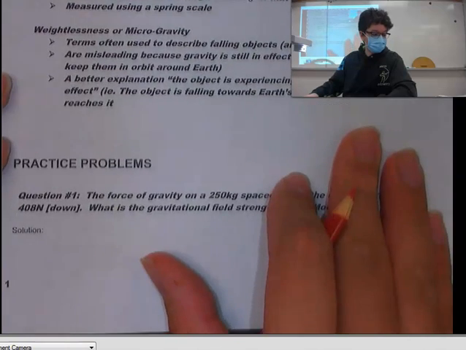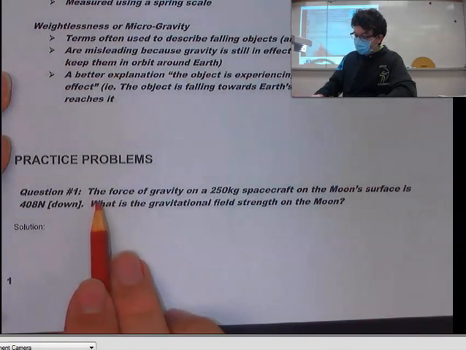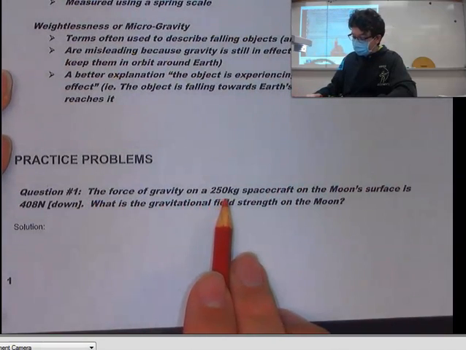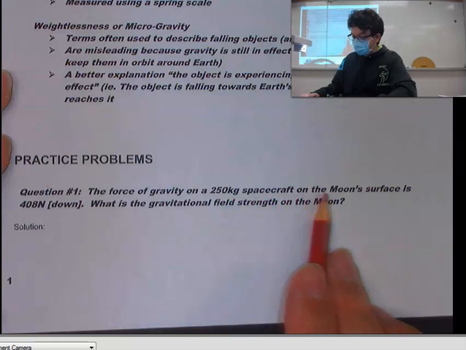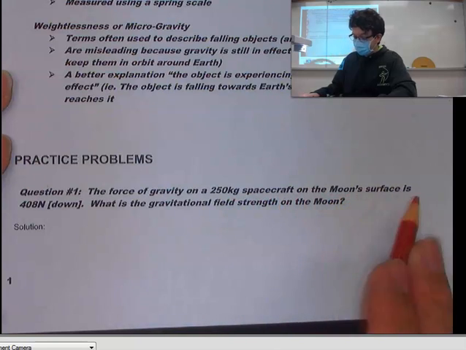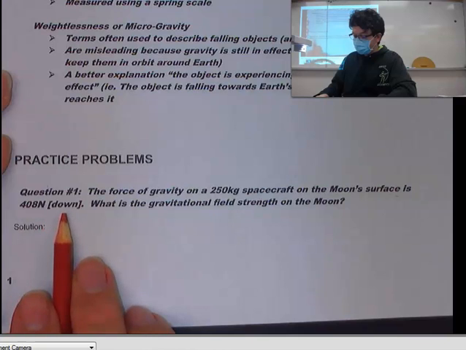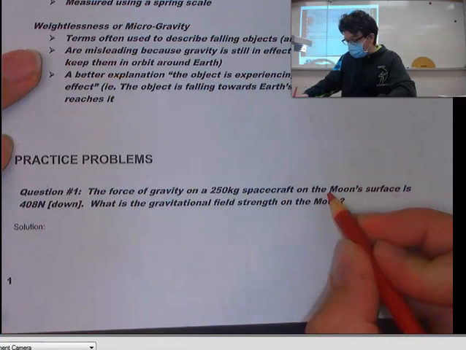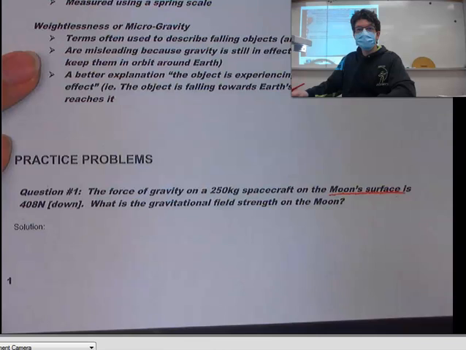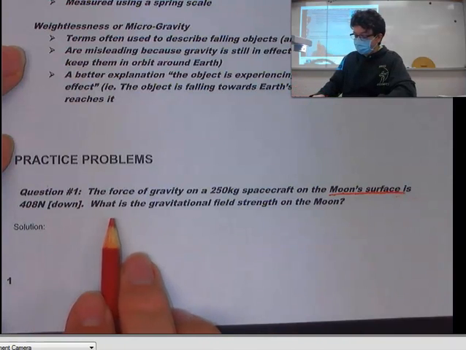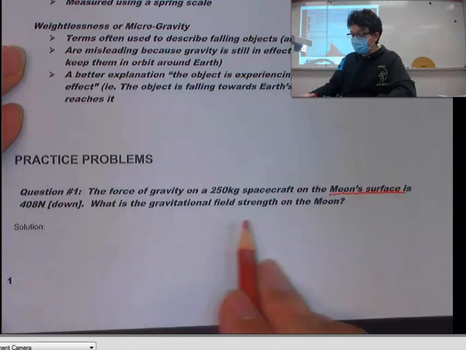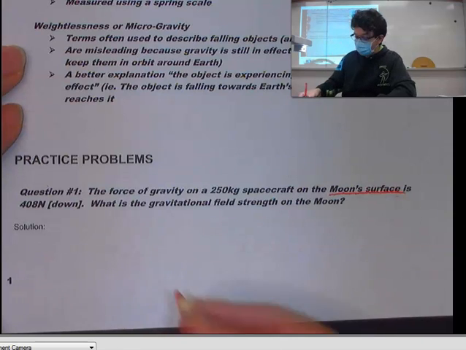Okay, so our first problem says the force of gravity on a 250 kilogram spacecraft on the moon's surface is 408 newtons down. So because we're on the moon, the value for the field strength, g, is not 9.8. That's only for the surface of the Earth. So this says, what is the gravitational field strength on the moon?